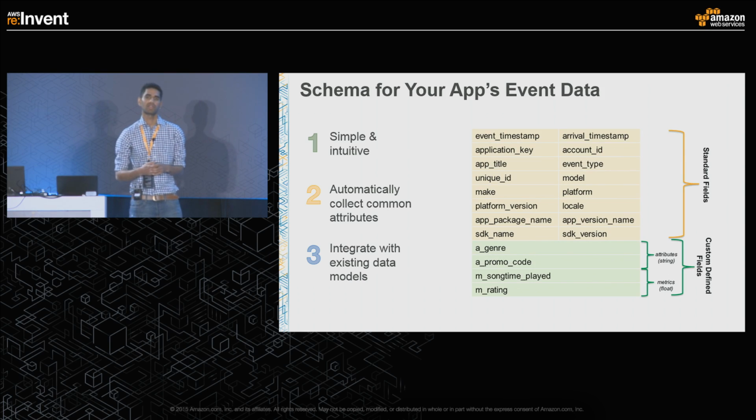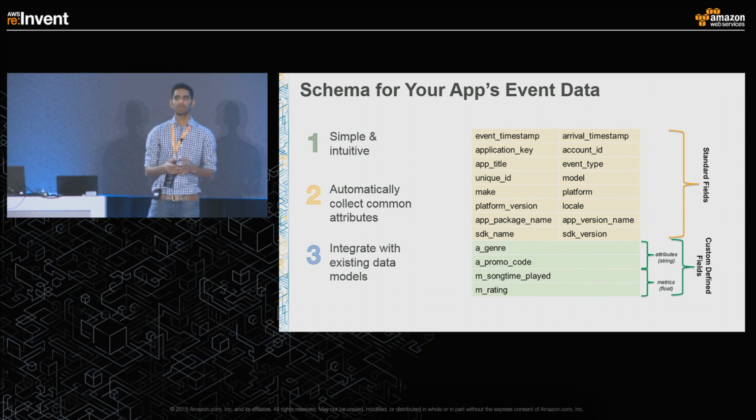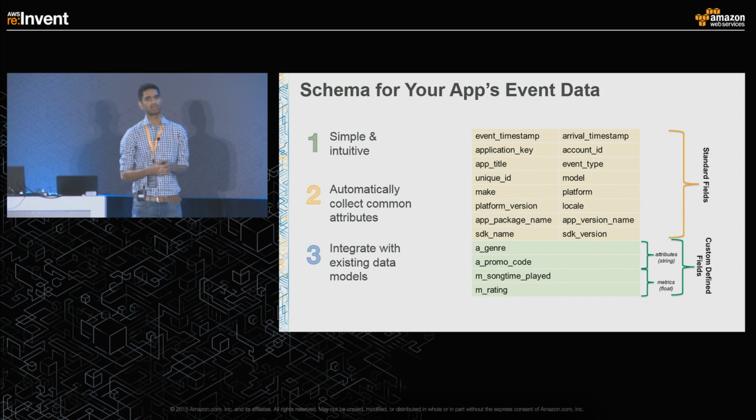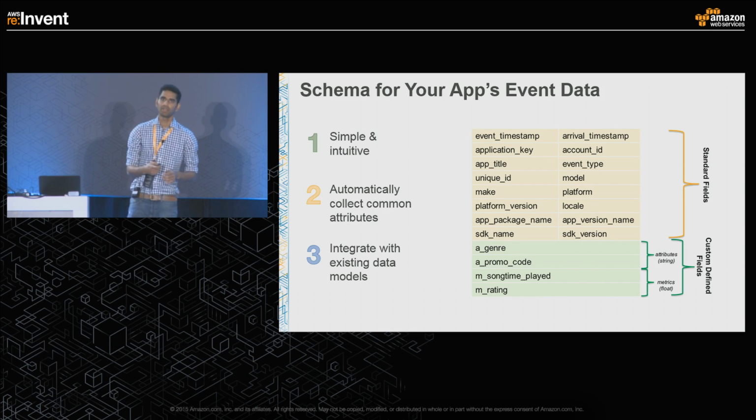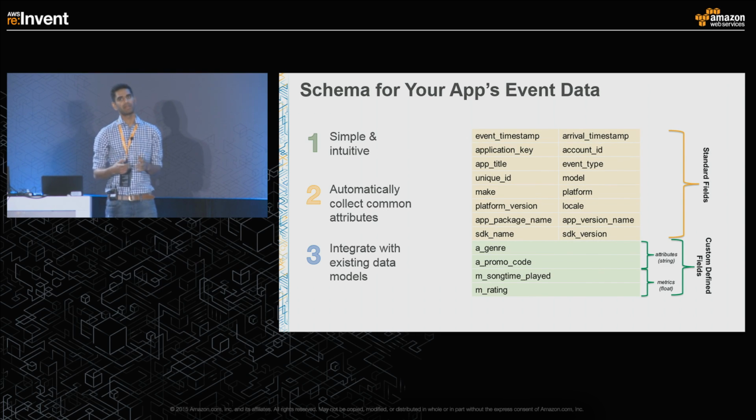Now, you're not constrained to using only the standard attributes, but we allow you the flexibility to tag all the custom events that you care about. So once you tag them, we export all of those custom events into Amazon Redshift. So it's a denormalized fixed schema, which is very simple and very intuitive to use. Now, since it's a fixed schema, there's another big advantage of having data in Amazon Redshift.